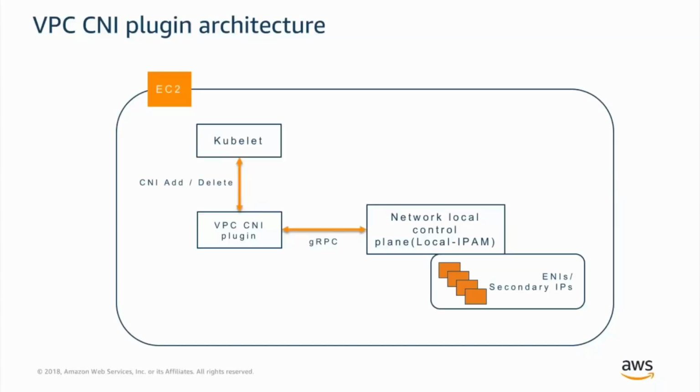As you provision your pods or services on a given worker node, the local IPAM will watch for the threshold that is available on that warm pool of IP addresses. And if it runs out, then it will go ahead and provision an additional ENI and the secondary IP addresses that come with that ENI. So that is actually implemented pretty well in the CNI plugin.